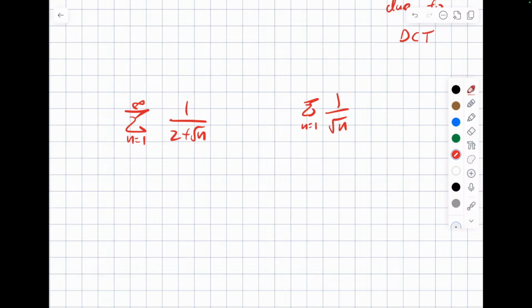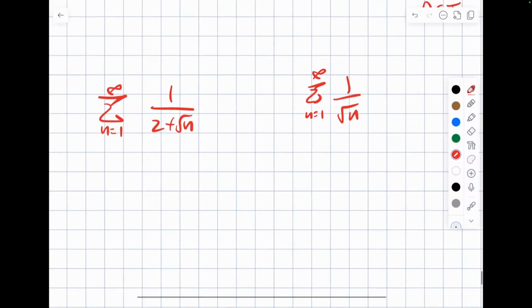But if that one diverges, does this one converge? No. We have to make sure, because less than diverge doesn't mean it converges. Less than diverge could still diverge, or could converge too. So for this one, the direct comparison test is inconclusive, not working.